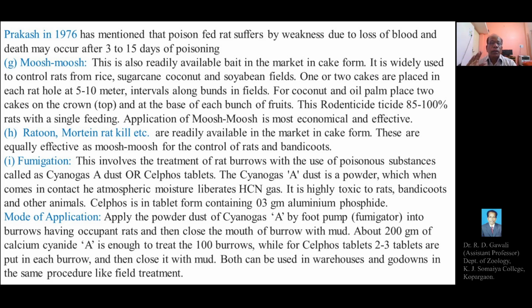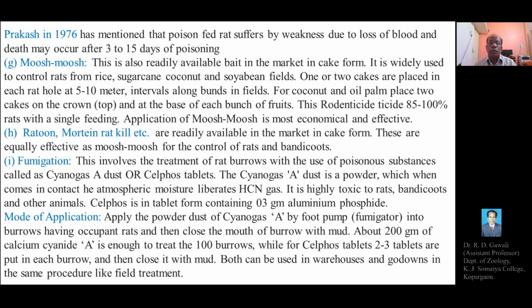we can close the rat burrows with mud. So after keeping either 2 to 3 sulfose tablets per burrow, or about 200 gram of calcium cyanide A to treat 100 burrows, we can use these two types of fumigants, either calcium cyanide A or the sulfose tablets, and after the treatment of the rat burrows, close them with mud.